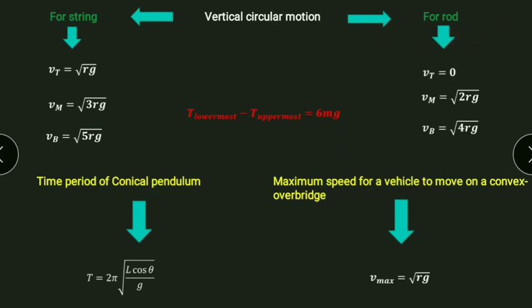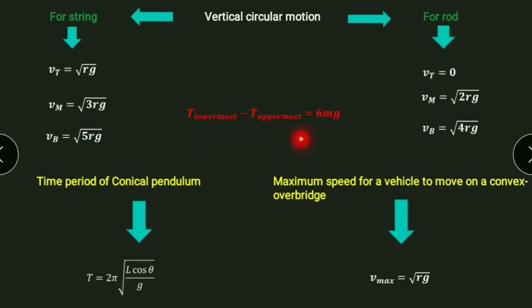Similarly, for rod, minimum velocity at top position can be 0, at middle position it should be square root of 2rg, and at bottom position it should be square root of 4rg.